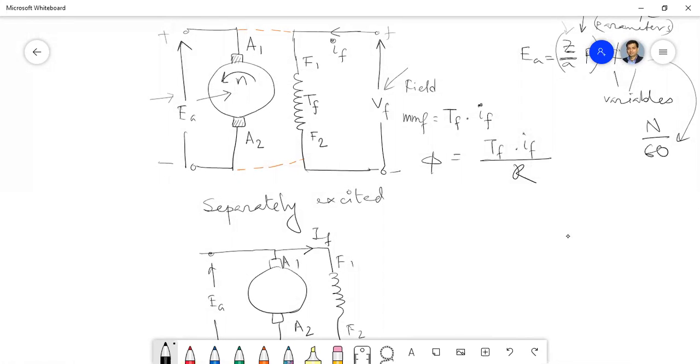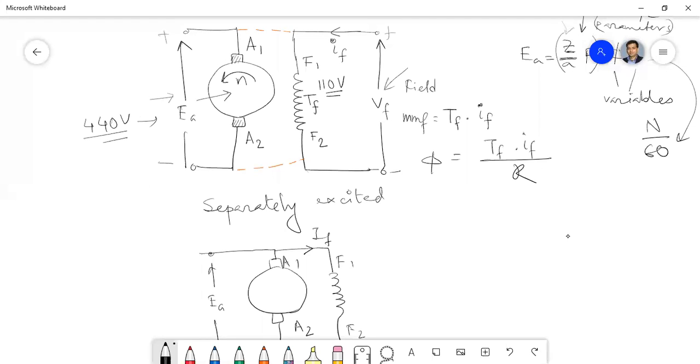But for the separately excited, the advantage is, suppose your machine is a 440 volt machine, but your field coil is only designed for 110 volt. If we can design the field coil for less voltage, then the insulation of the coil required will be less. The design of 440 volt coils and 110 volt coils are completely different.